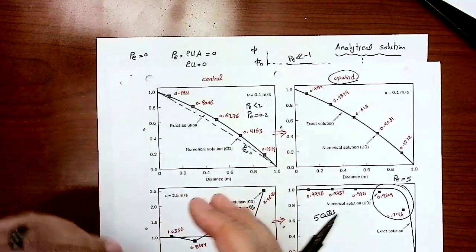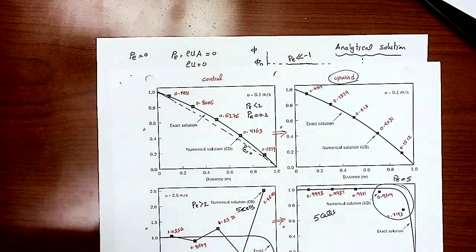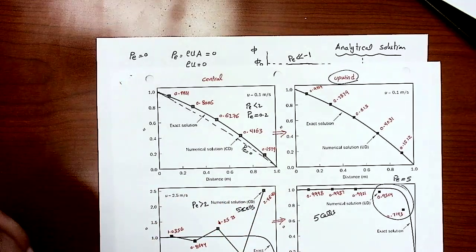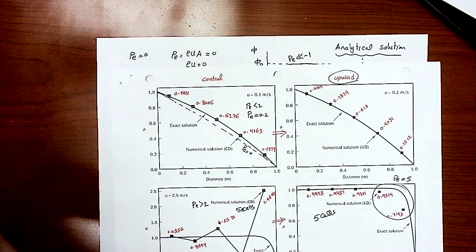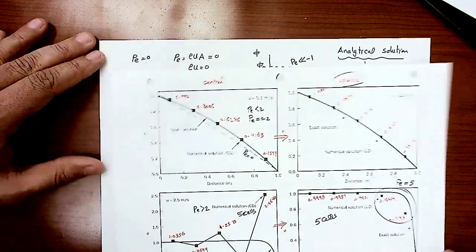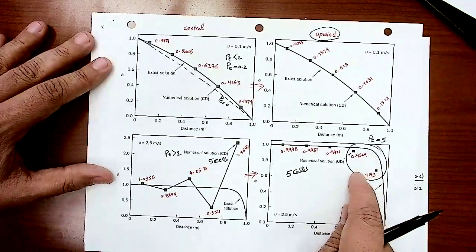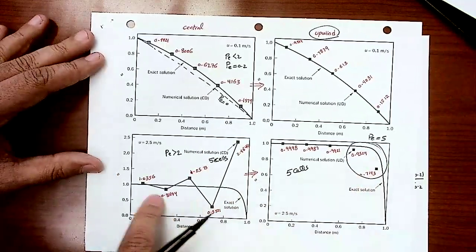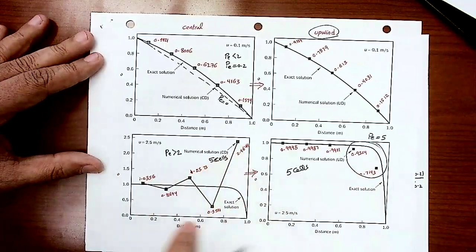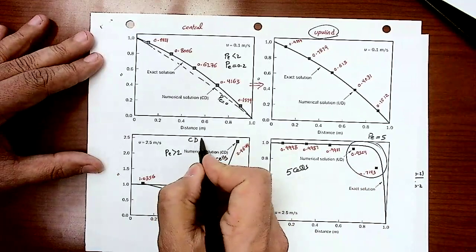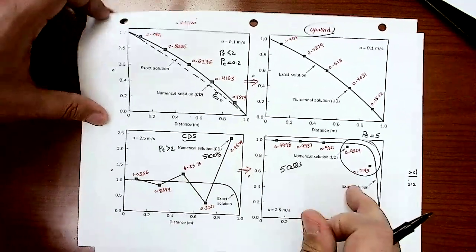Because I moved a little bit from 0, I started getting that curvature of the exact solution, but still the central differencing scheme was doing a great job, catching nicely the exact solution. But when we went to the Peclet number of 5, the approximation was totally wrong for the central differencing scheme. That's why we moved to the Upwind one.